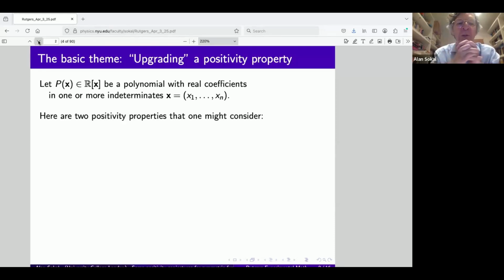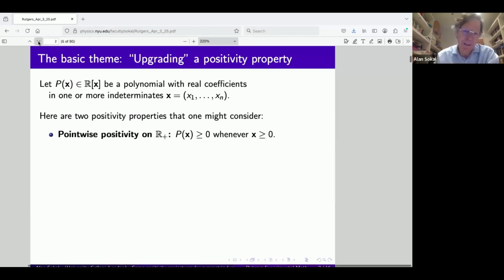And then there are two different kinds of positivity properties that you could consider. Well, there are probably many, but here's one of them. One is pointwise positivity on R plus, or actually the positive octant. That is to say, whenever all of the variables x_i are non-negative, then the polynomial should take a non-negative value.